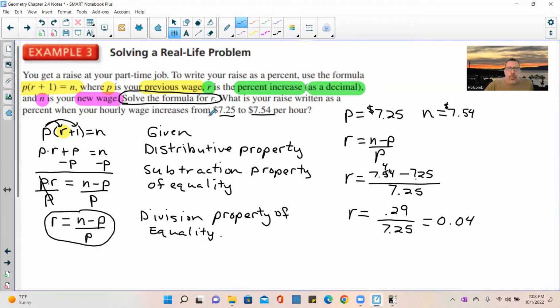Write your raise as a percent. Well, percent means to move the decimal 2 places to the right and change it to percent. So that is going to equal 4%. And that's the answer to this question. You got a 4% pay raise.